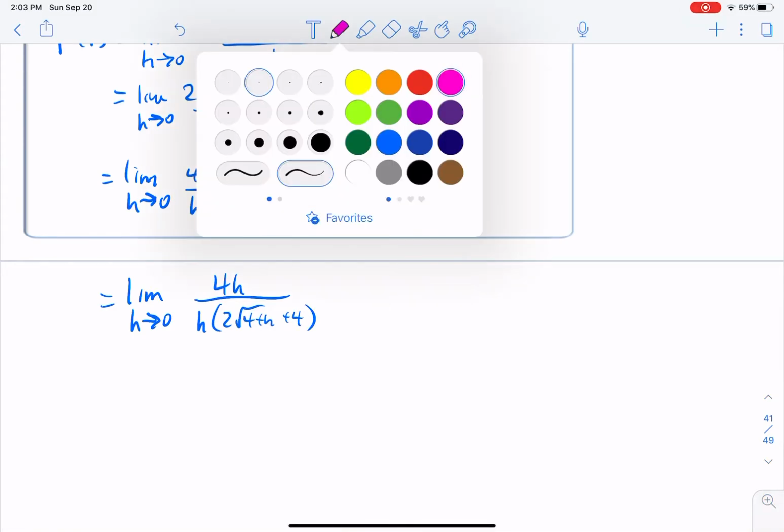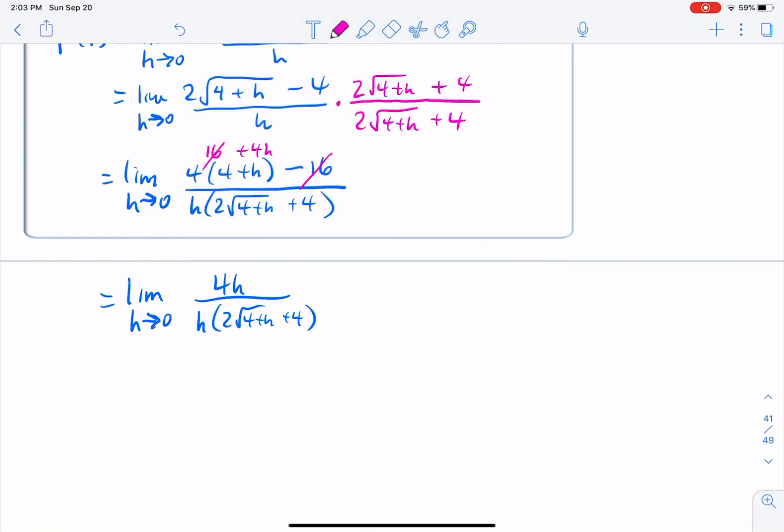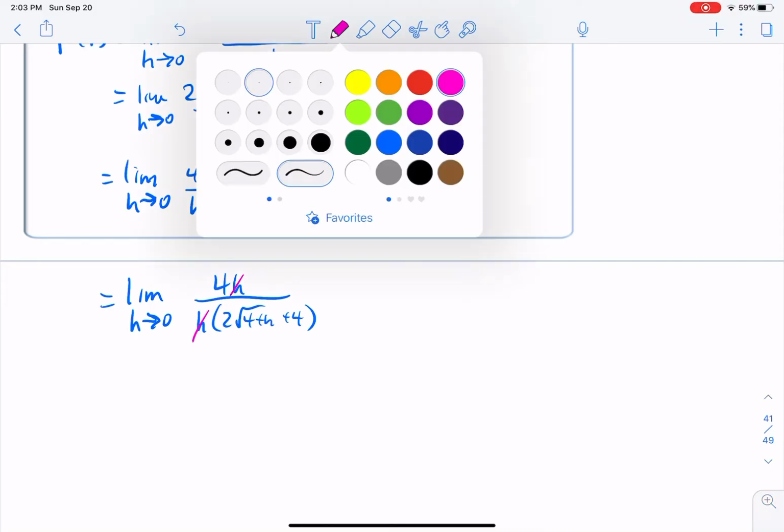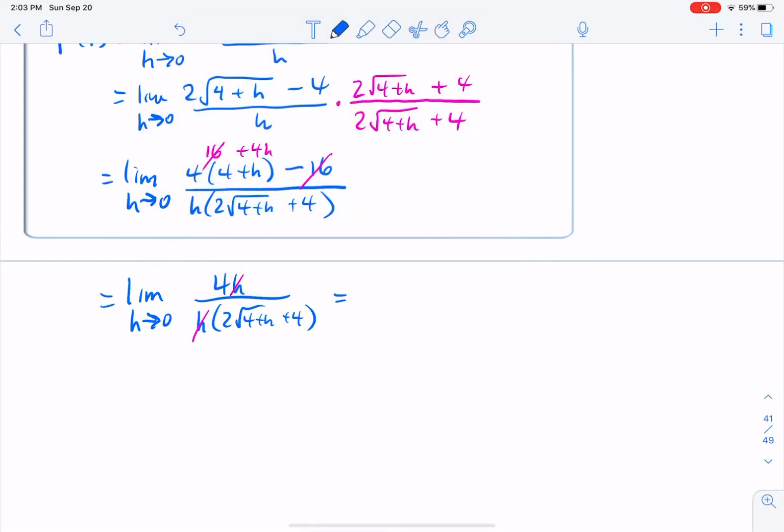Whew. All right, man, calculus sure is a lot of writing. And notice that we have a common factor of h on the top and the bottom, which divide out, make that a 1, and I think we're ready to evaluate the limit. Limit as h goes to 0, only a 4 up top, and 2 times the square root of 4 plus h plus my 4.